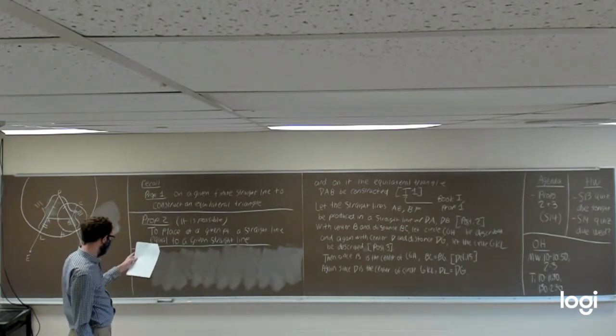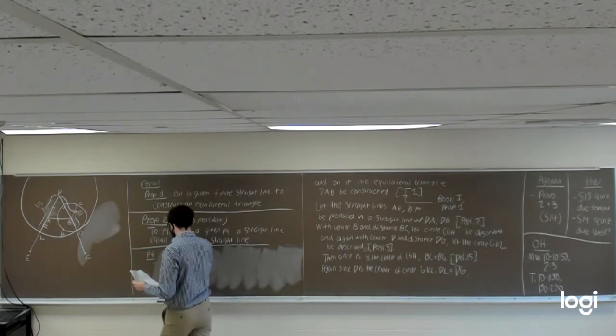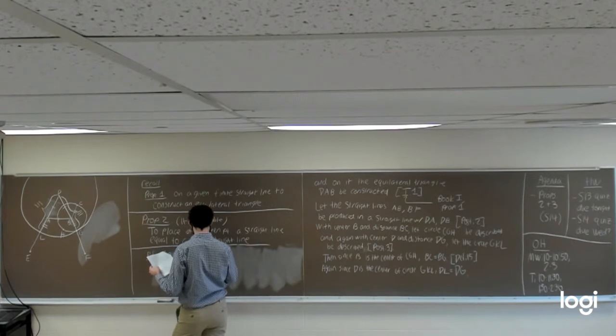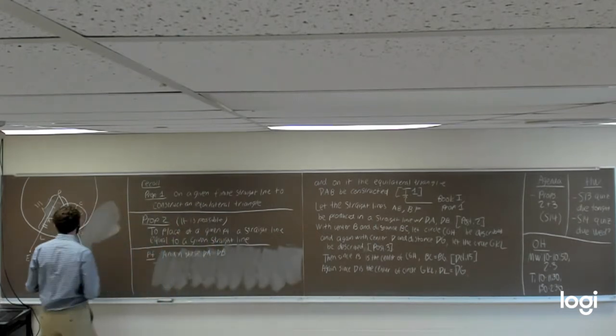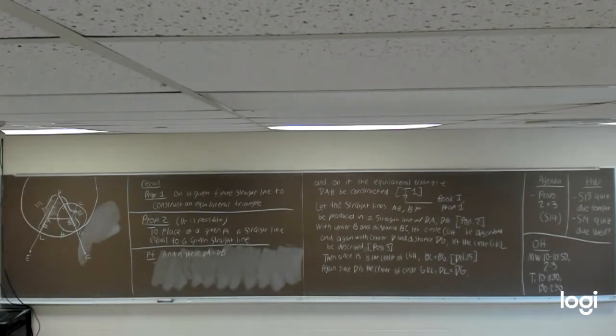So again, since D is the center of the circle, DA is equal to DB. By the way, how did we know that DA and DB were the same length?